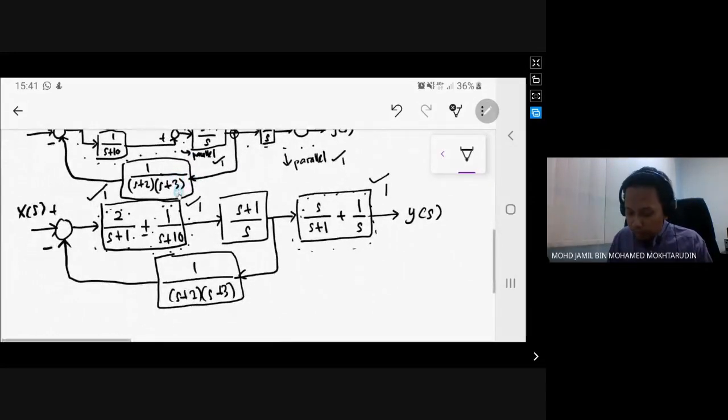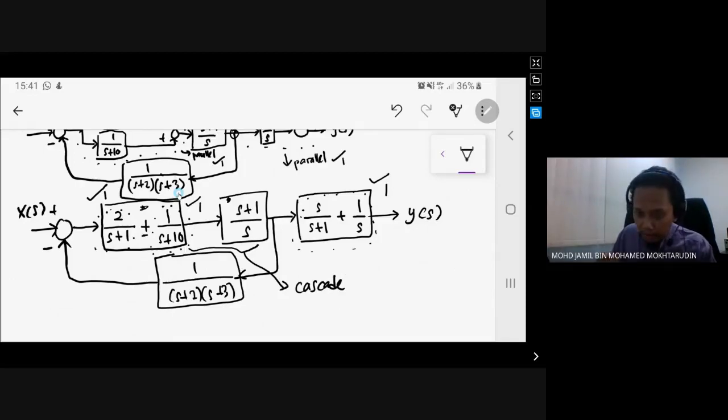Okay, after that, you will see that these 2 blocks and this one are in cascade. So you can say these 2 are cascade.